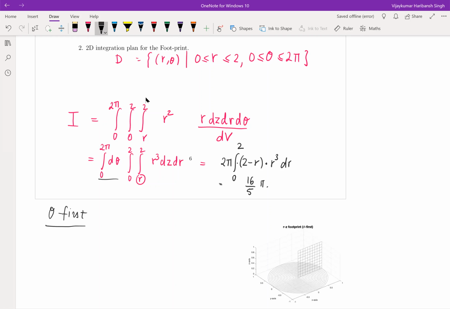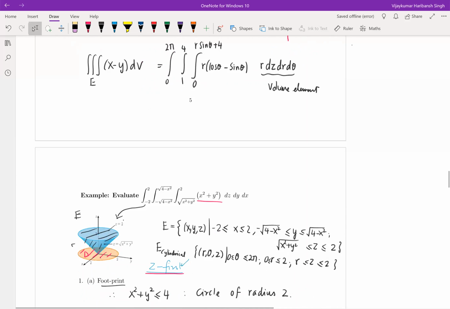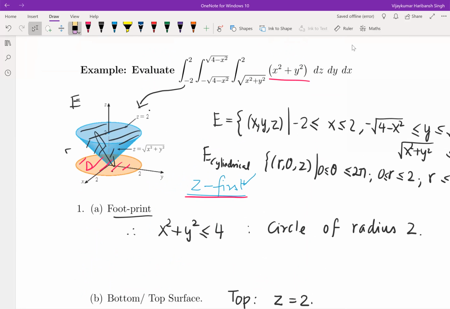Okay, so the first step again is to ask about the footprint. So what is the footprint of this? Let's expand this out. Let me erase this so that we can see the footprint. So the footprint in theta would be, and there we can see that it's essentially a triangle.